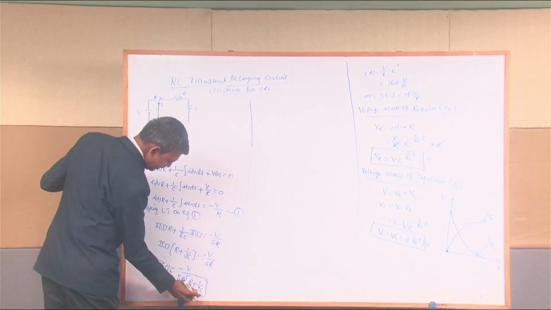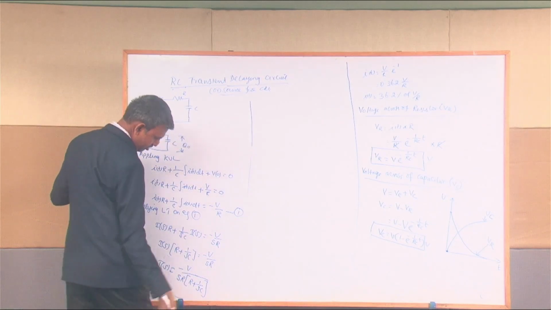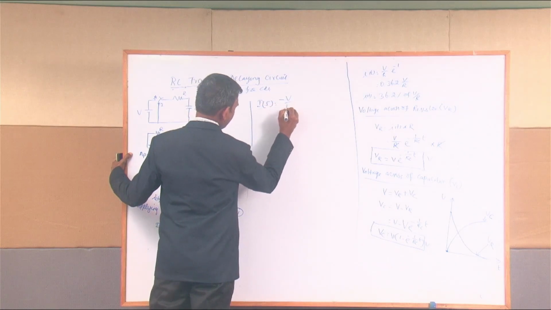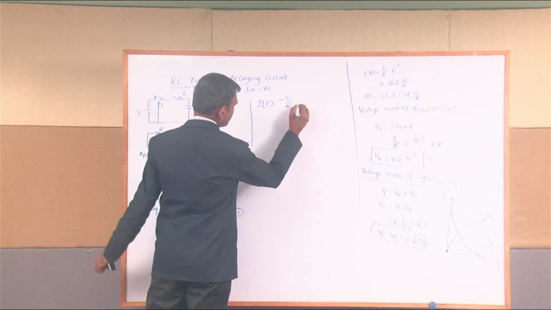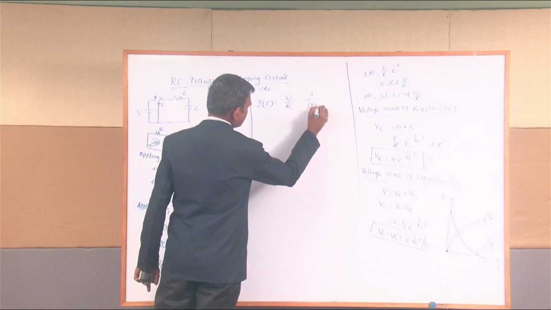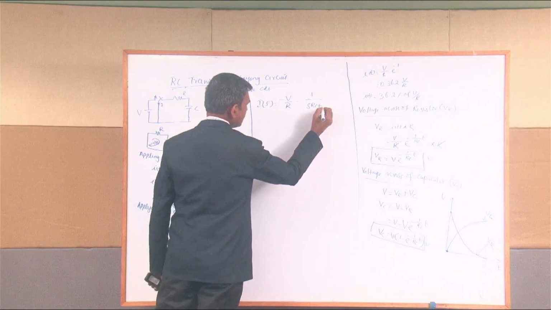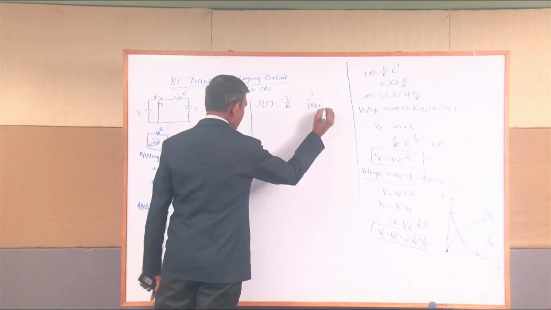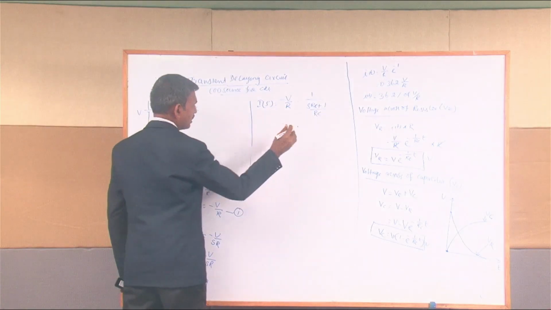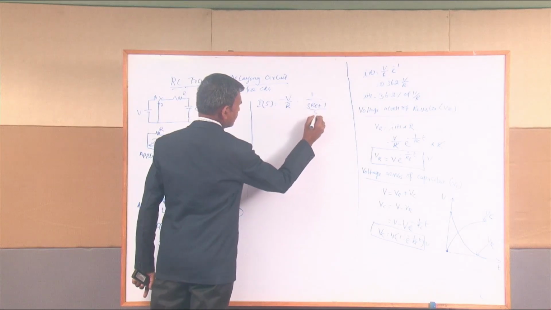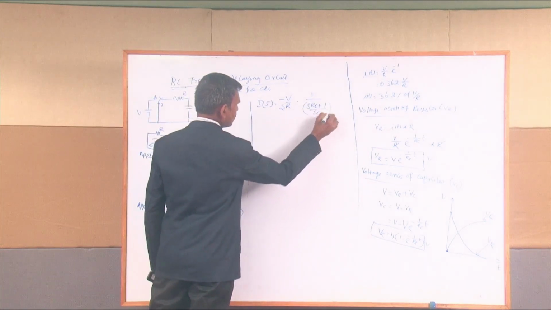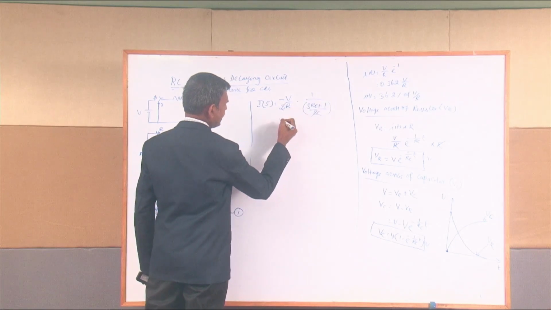Now we are taking the LCM for this term, meaning I(s) is equal to minus V by R into 1 divided by s into RC plus s into RC plus 1 divided by RC, sorry, SC. The s will be cancelled.